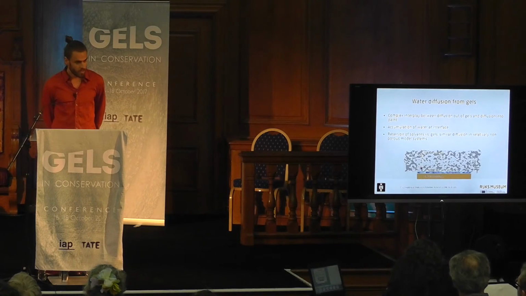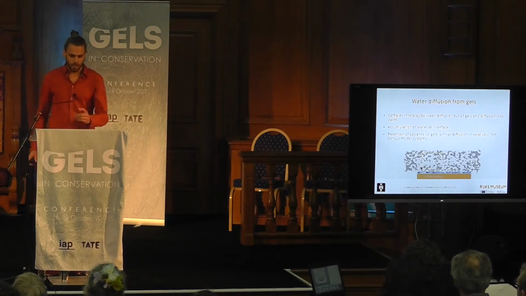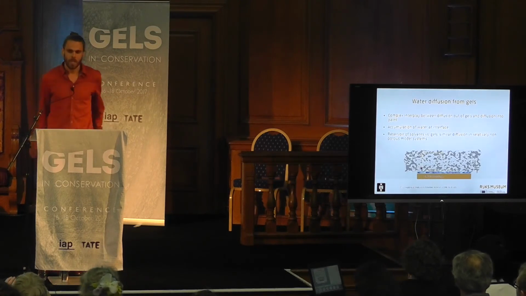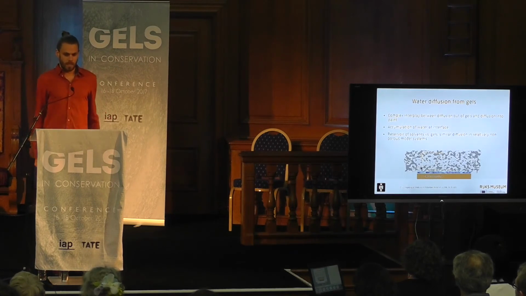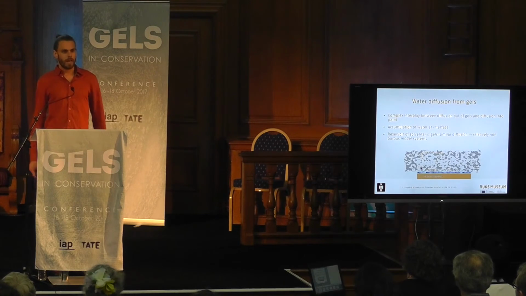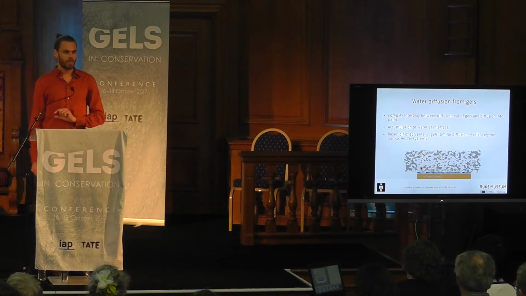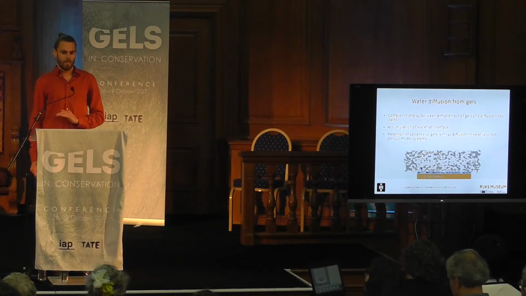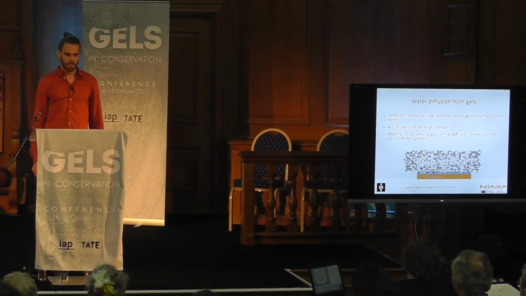Well, we have in this case a complex interplay between the diffusion out of a gel and the diffusion into the paint. In this particular case, the diffusion out of the gel is much faster than diffusion into a non-porous model system of oil, and therefore we get accumulation of water at the interface of the gel and the oil.